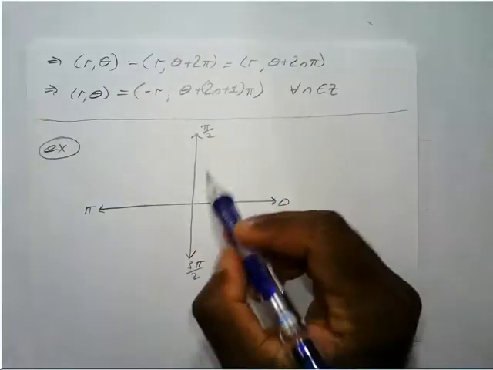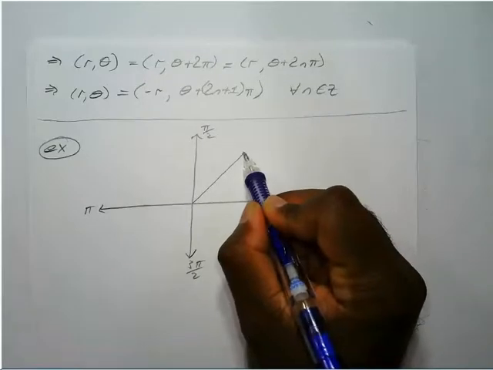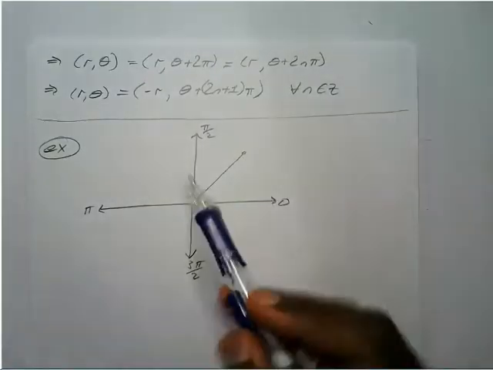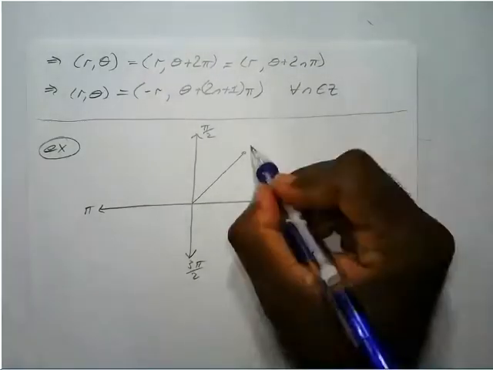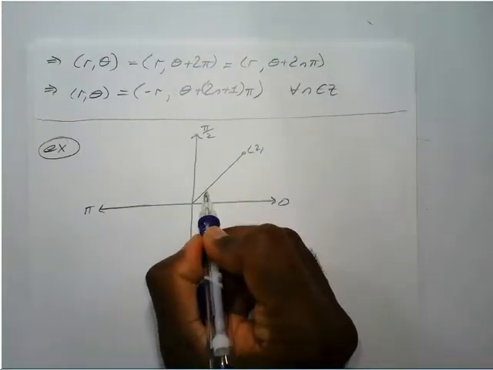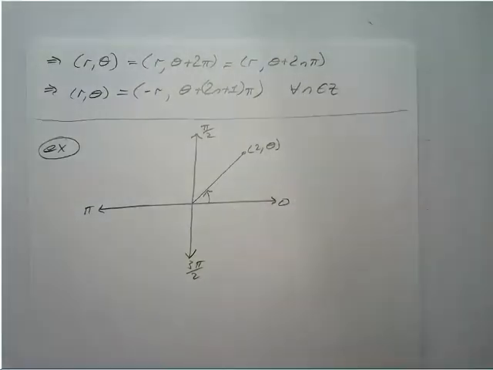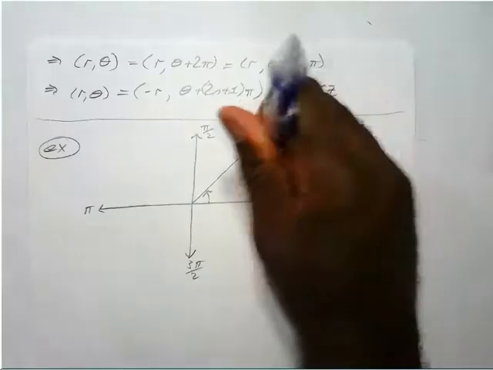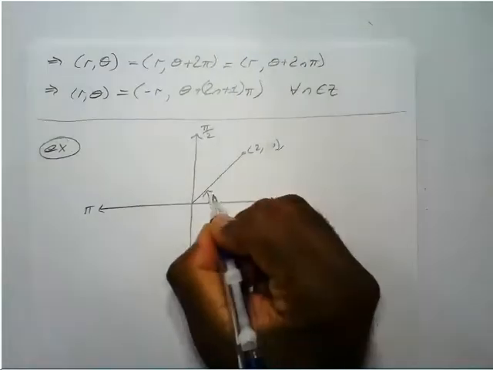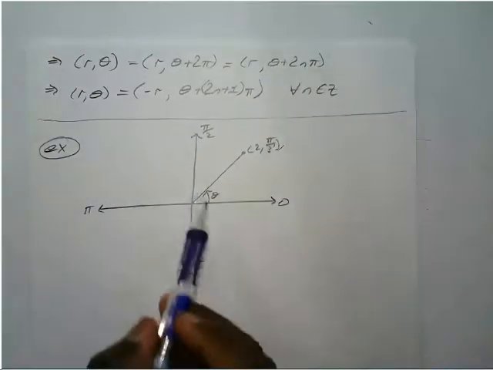Let's say we have this particular point here, where the distance from the origin is 2, and from the polar axis you have a theta. We'll call that theta, and this is pi over 3. So our theta is pi over 3.